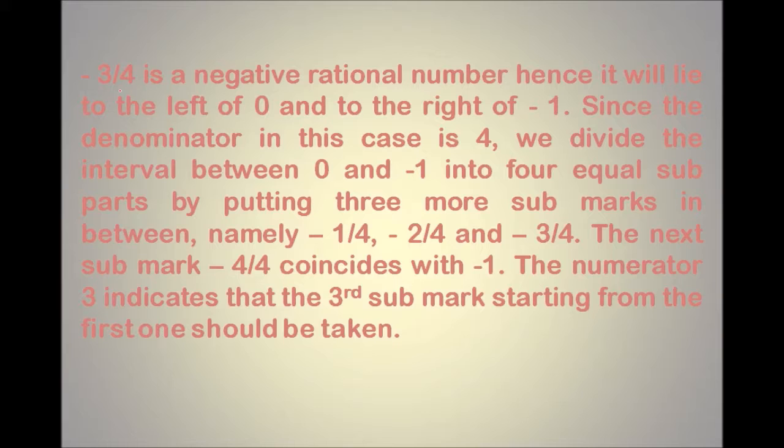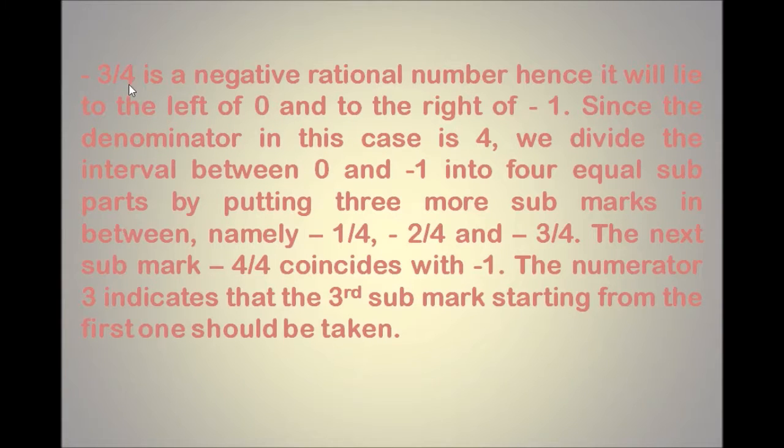Because it is a rational number where the numerator is less than the denominator, that is, it falls under case 1, this will be positioned in between 0 and -1.